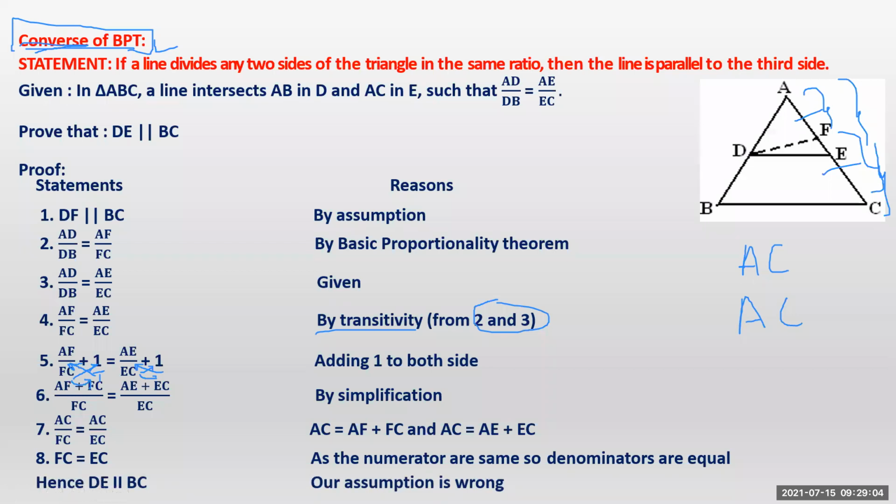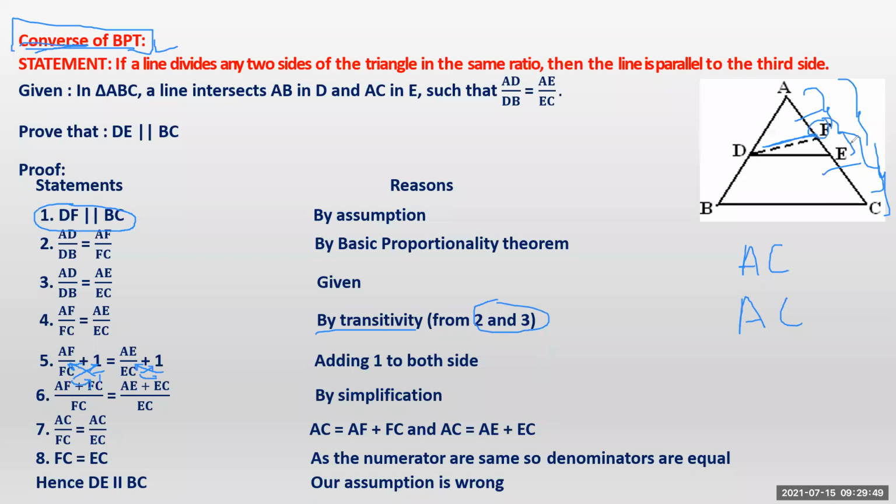Hence, DE is parallel to BC. Understand that you can get this, because our assumption is wrong. Whatever assumption you have made, that DF is parallel to BC, is wrong, because you cannot have the same line passing through two different points and being parallel to the same side.